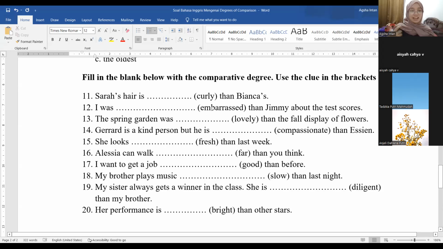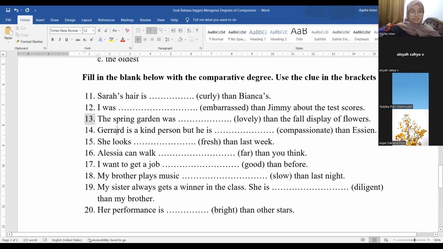Please mention how many syllables are there in the word embarrassed. 3. What are those? Embarrassed. Yeah, good job. Well done, Aisha. Okay, the next one, Taskia, your turn.